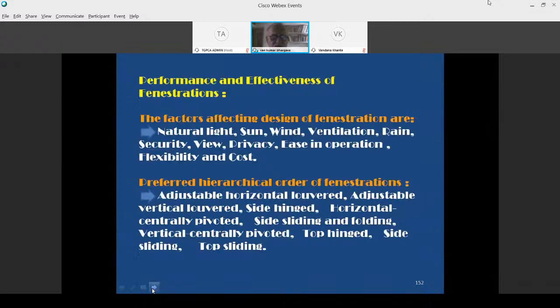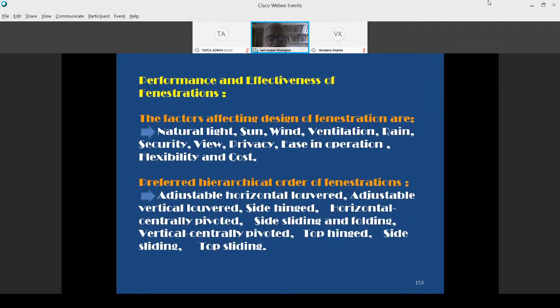Then the factors affecting design of fenestration depend on their role. So why do we use windows? Why are windows provided in the building? For natural light and sun, yes, particularly during winter or morning.